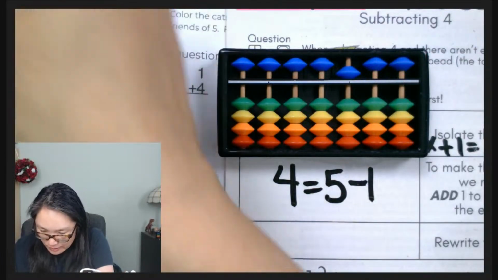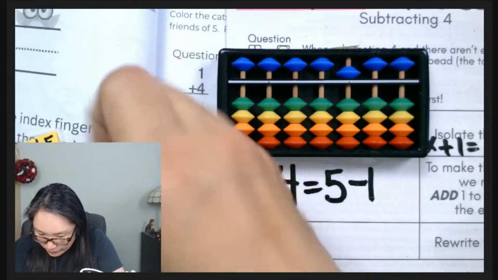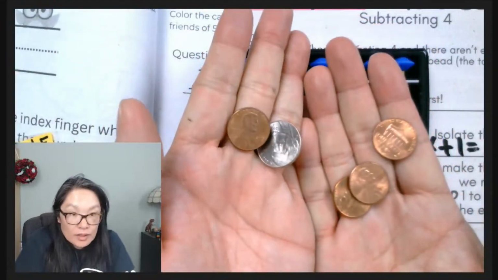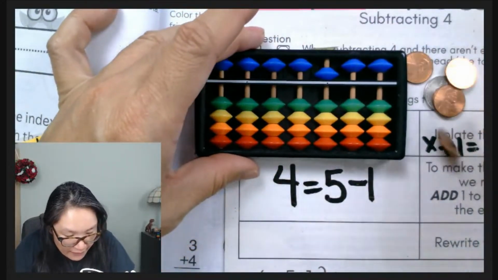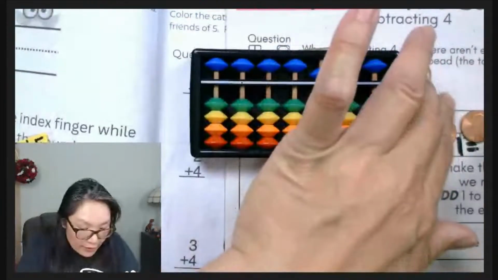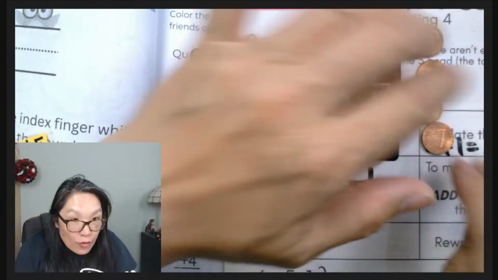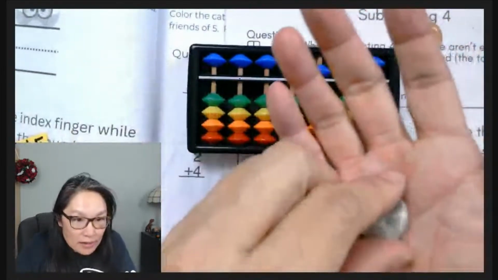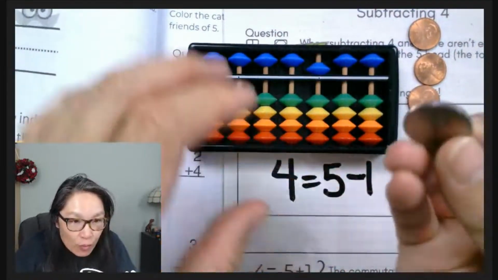Let's see if this helps. I have money. I have a nickel. And I have 4 pennies. I want to give you another 4 pennies, but I don't have enough. I only have 1 nickel.